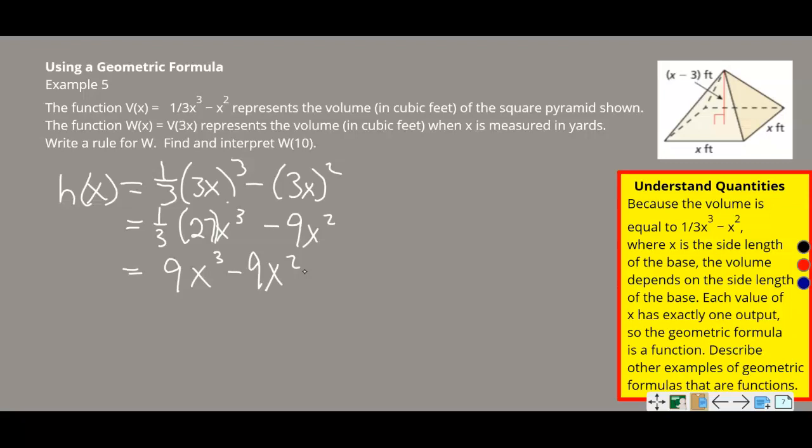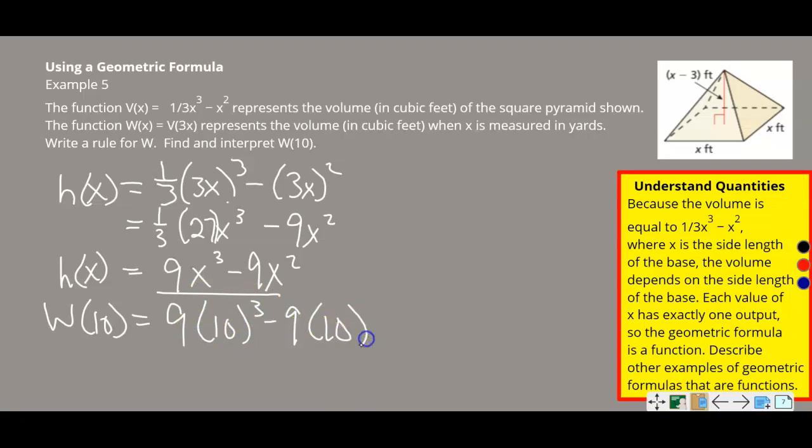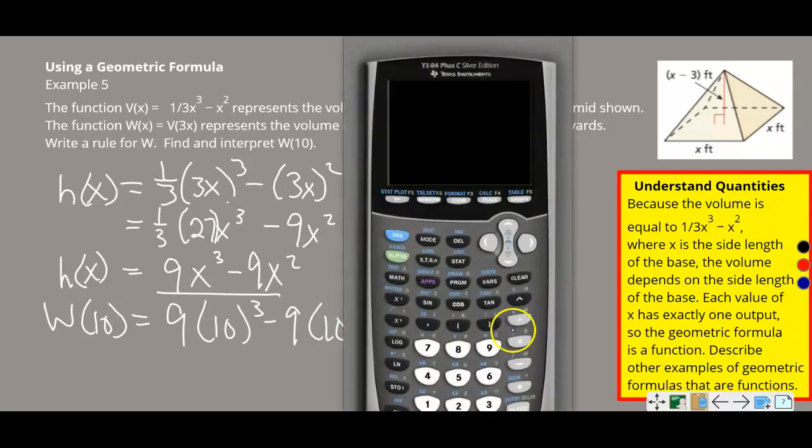Now it says to find w of 10. All right, so all we have to do is take our new function here and substitute 10 in place of x. Let's see what that does.